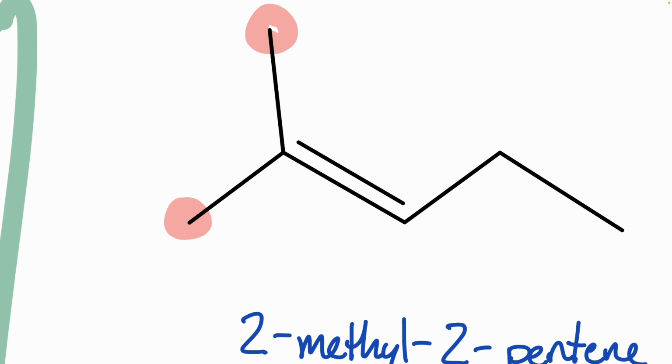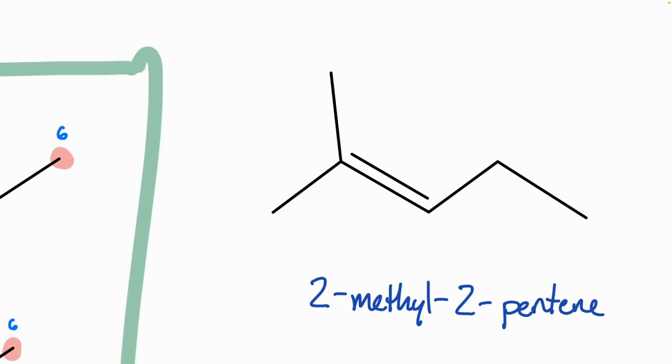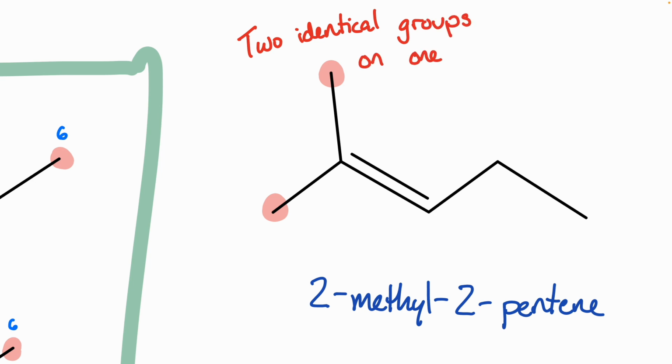So how can we tell when an alkene does not have any stereochemistry? You will always have 2 identical groups, in this case, these 2 1-carbon groups, on at least one of your double bond carbons.